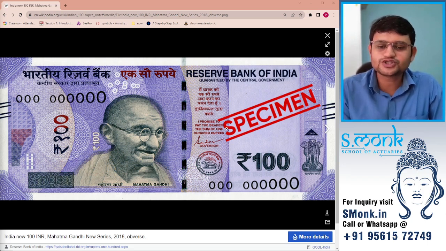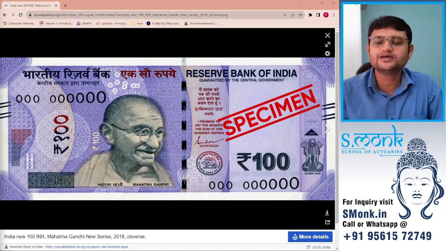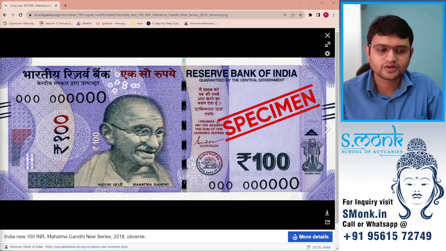Similarly, this is also just a promissory note. The governor of RBI has promised to pay the sum of 100 rupees to whoever holds this note. So this is not money. This is just a promise to pay you money.